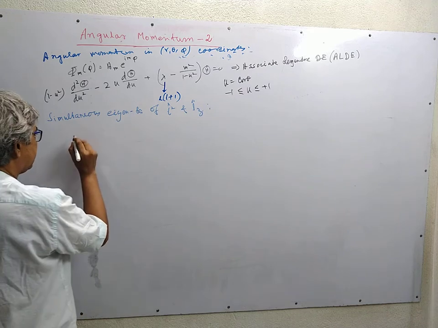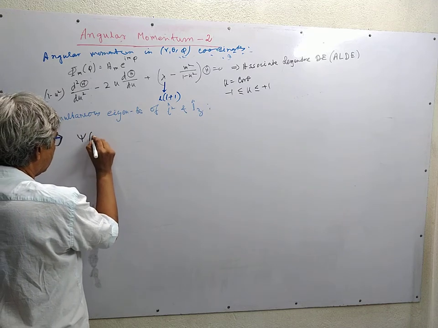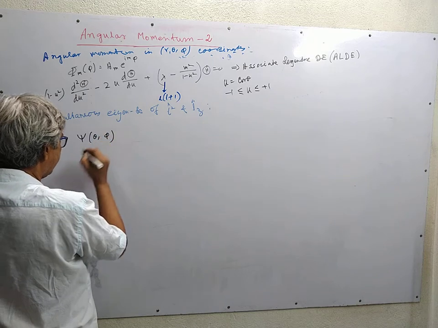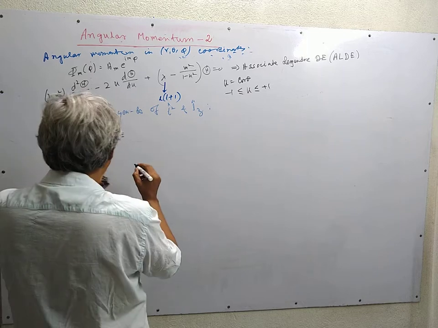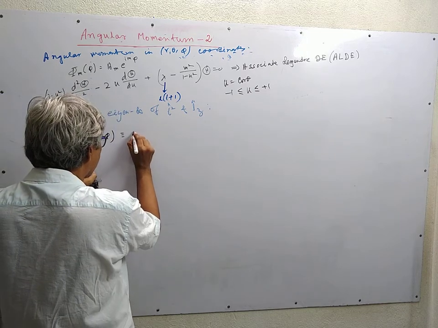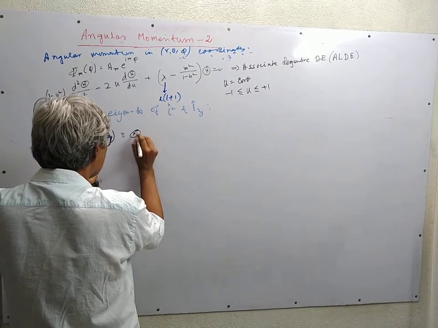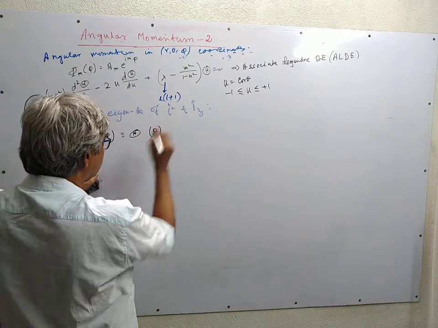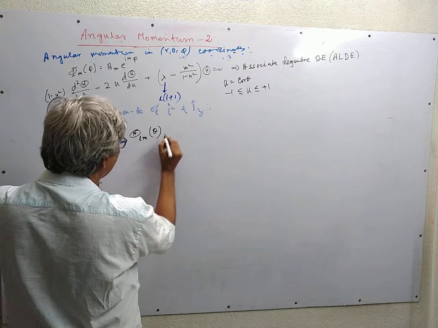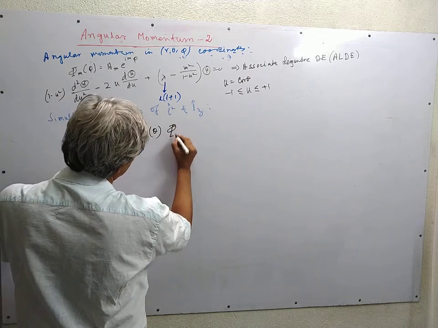it was originally taken to be Θ(θ)Φ(φ). Now we know that the theta part depends on L and m, and phi depends on m.